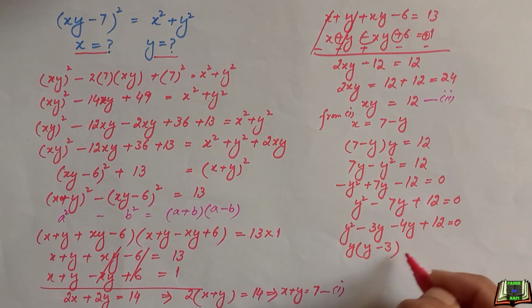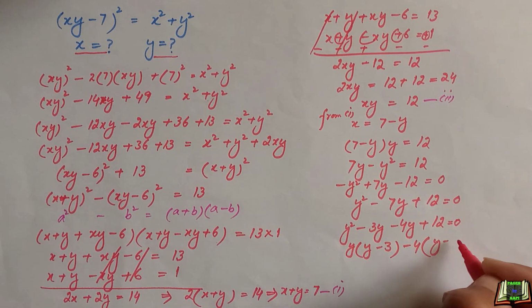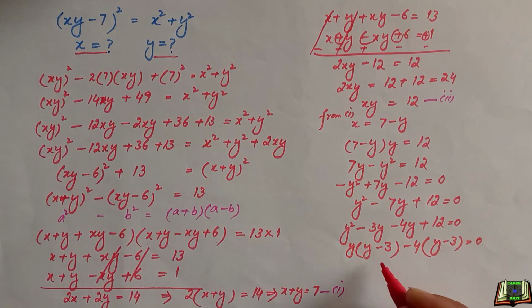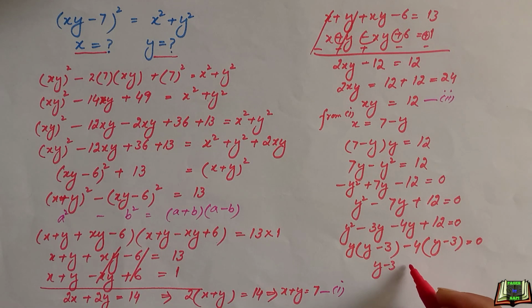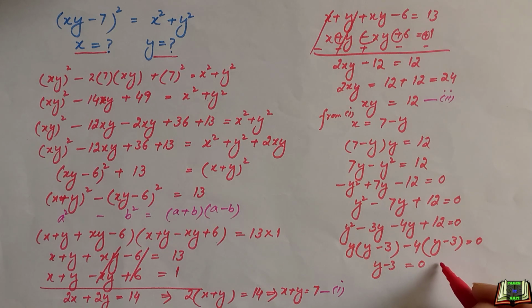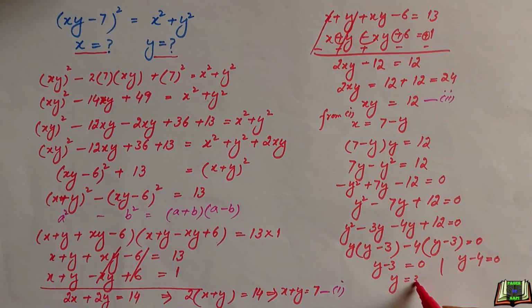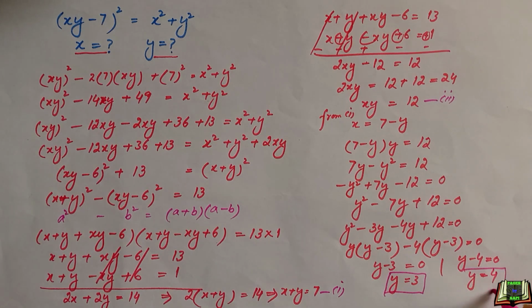We can factor out y from here, and from here we can factor out 4, and inside the parentheses we have y − 3. We got the two factors: y − 3 = 0 and y − 4 = 0. From here we have y equal to positive 3, and y equal to positive 4. So we got the two values, y = 3 and y = 4.